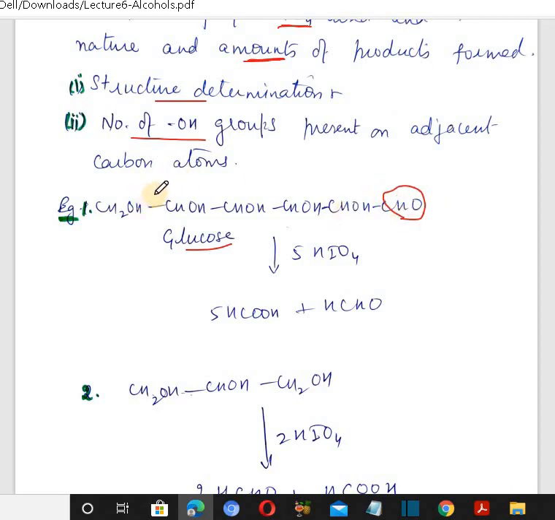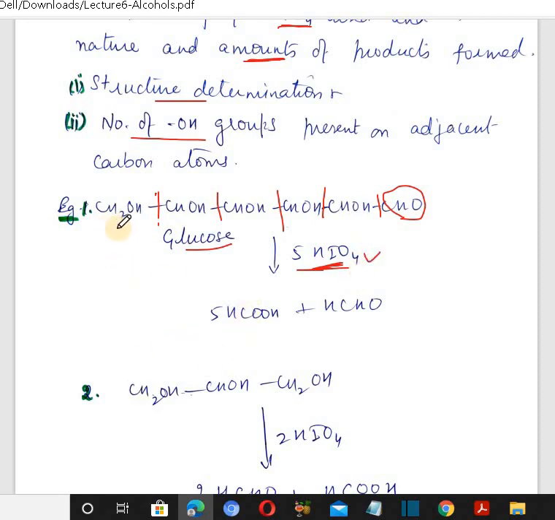In this, these bonds, this bond and then this bond and then this bond and then this bond and then this bond break and we require 5 molecules of HIO4, periodic acid, that is all these carbons have OH groups, so all adjacent carbons have OH groups, so all these bonds will break and these will require 5 molecules of HIO4.